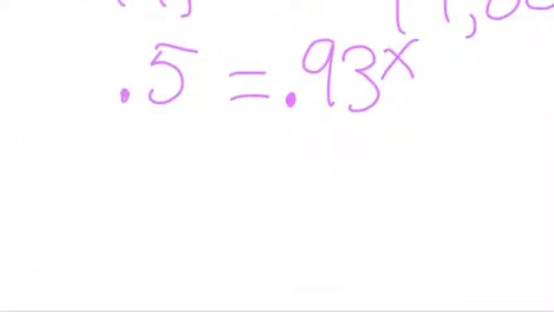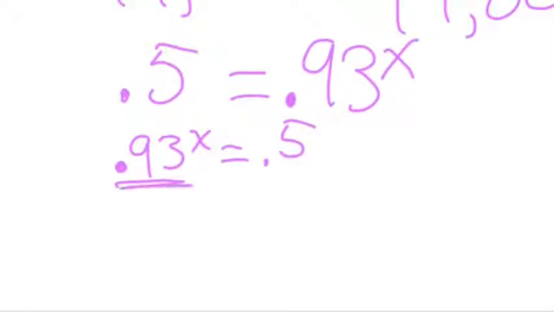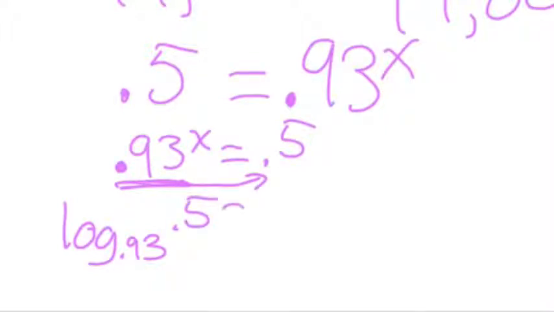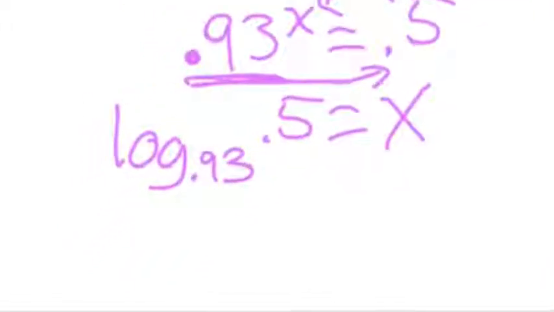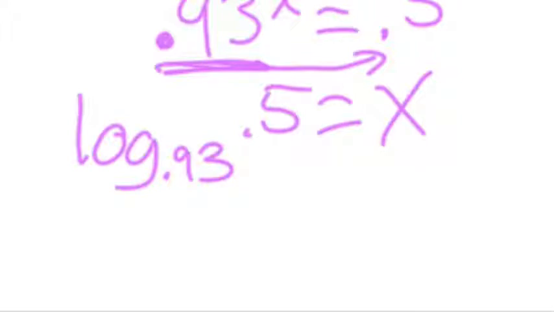And then we can create our log. Again, I like to switch my order, so it's always the first thing I see that I am taking the base of. So 0.93 is my base of my exponent, so it's the same base as my log. Now I'm taking a 0.5 log and setting it equal to x. So I'm putting that log base 0.93 of 0.5, and it's going to give me a value.